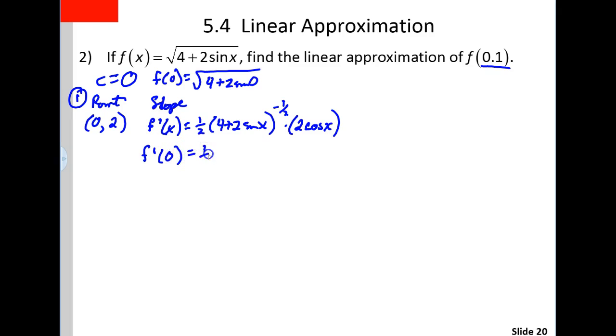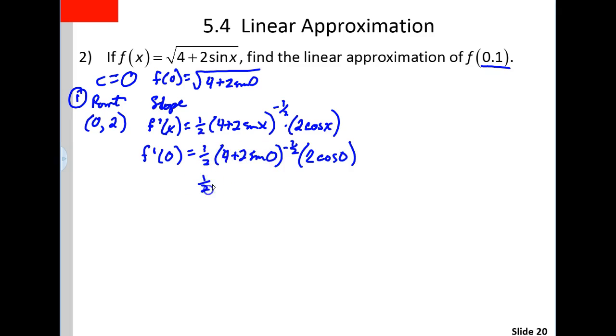All right, so 1/2 times (4 plus 2 sine of 0) to the negative 1/2 times 2 cosine of 0. All right, so now 4 plus 2 times sine of 0. Sine of 0 is 0, times 2 is 0. 4 plus that is 4.